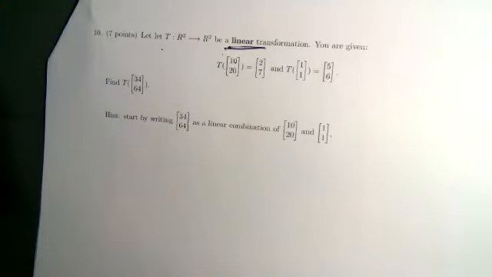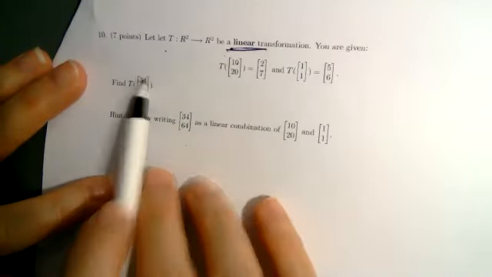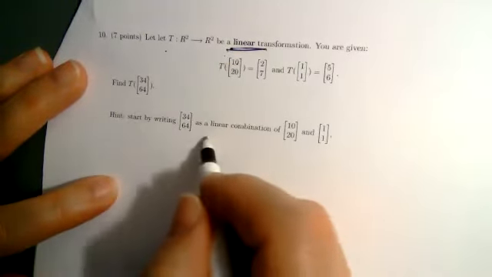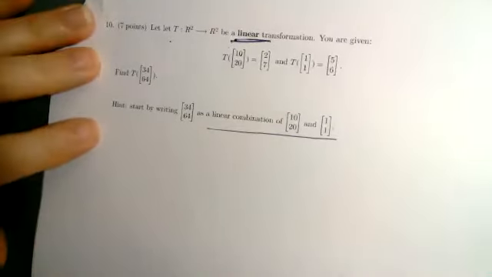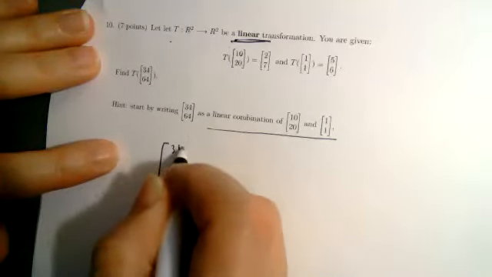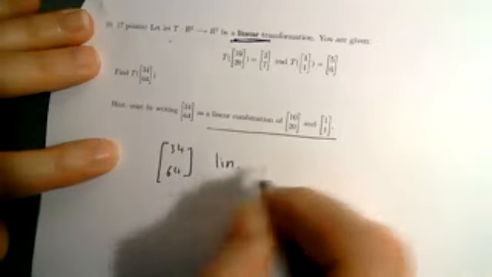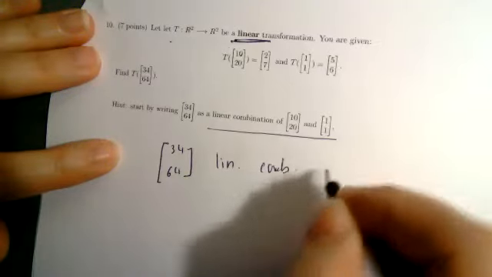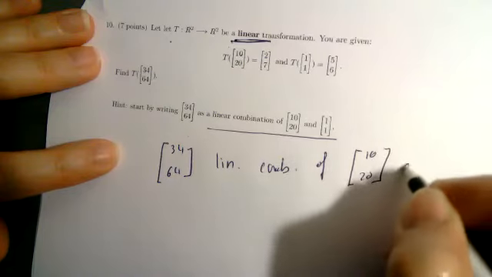What is my hint? I told you to start by writing (34, 64) as a linear combination of those. Why did I give you the hint, and why will this make the problem easy? First, let me write (34, 64) as a linear combination of (10, 20) and (1, 1).